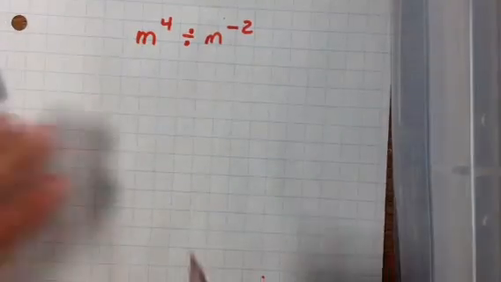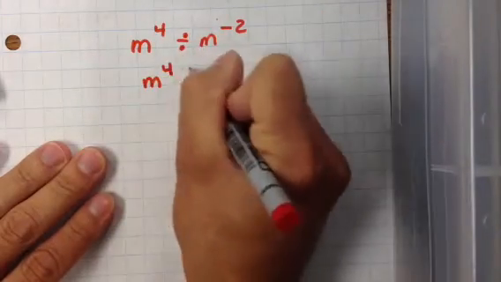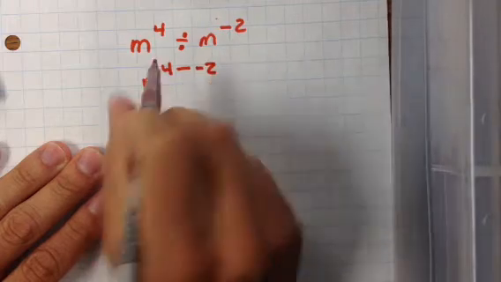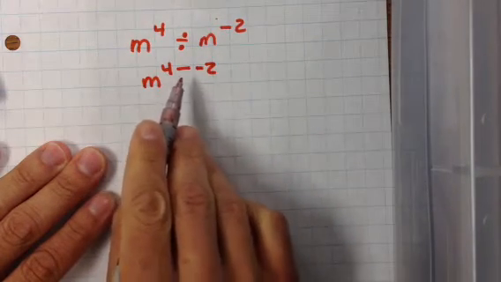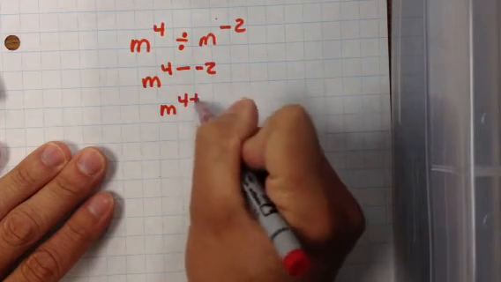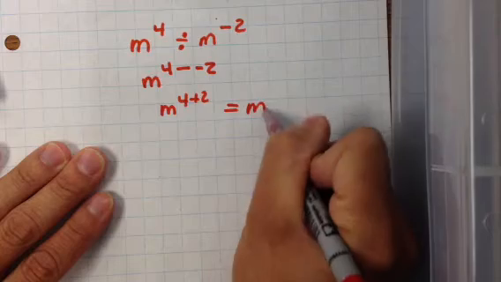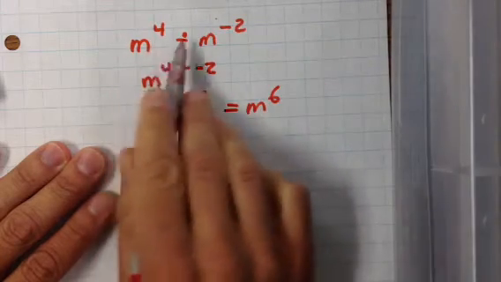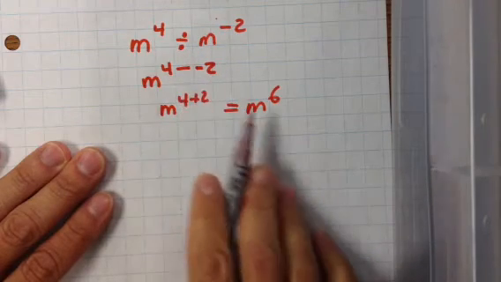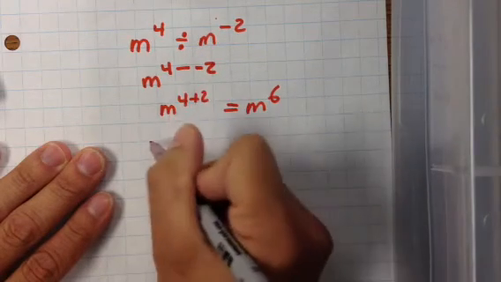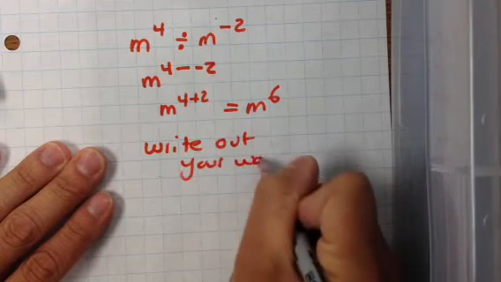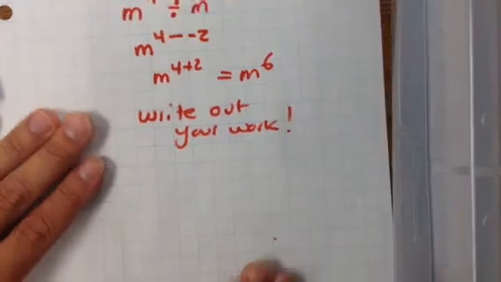Write your work out so that you would see m to the 4 minus the second number, which is negative 2, and then we have a double sign. So be careful there, because sometimes you will have double signs. Fix your double sign so you'd have 4 plus 2, and that would turn into m^6. So in your mind, you want to say this turns into m^2, but it's not. It's because you end up with a double sign, and you have to be really careful. So a good rule here is write out your work.